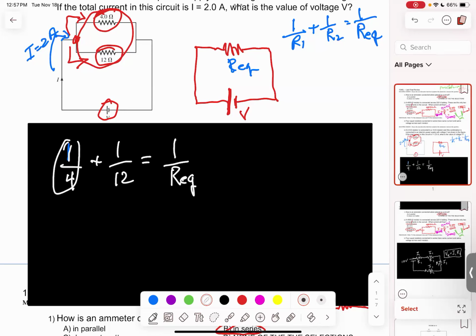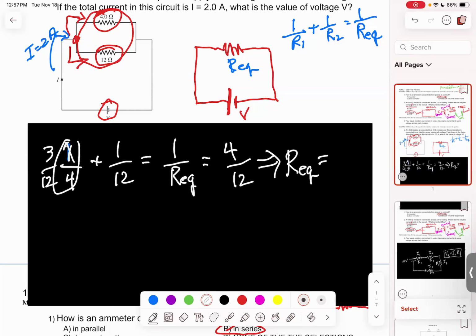If I change that, that would be 3 12ths. So the left side is equal to 4 12ths, which implies that by flipping both sides, instead of 1/3 right here, we would get 3 over 1, or 3 ohms. So REQ is equal to 3 ohms.